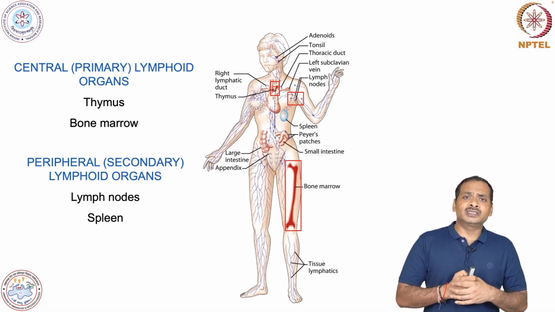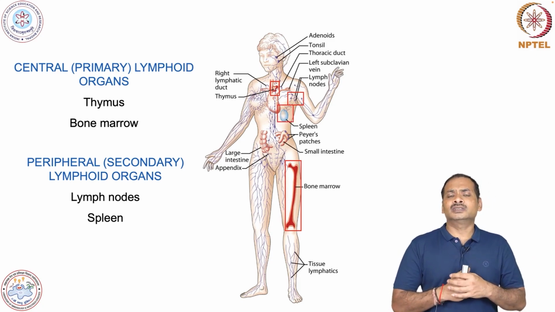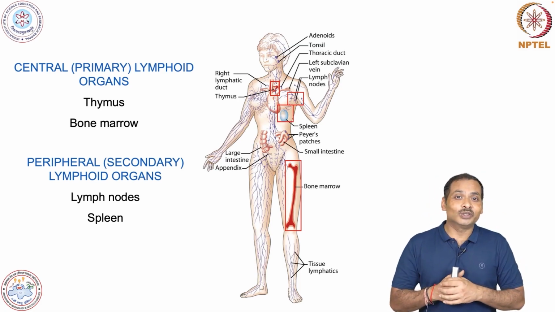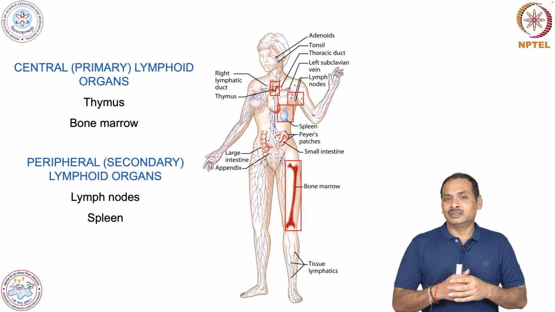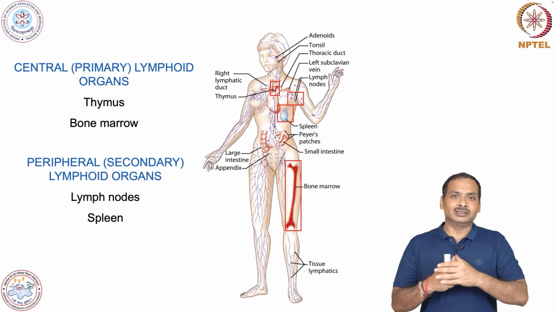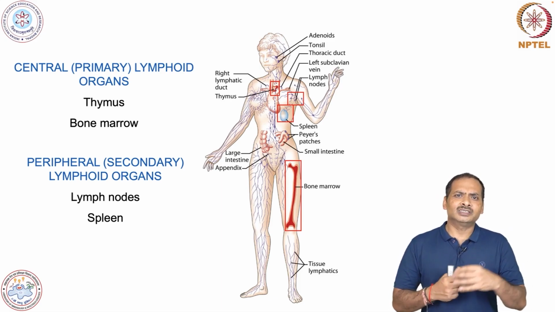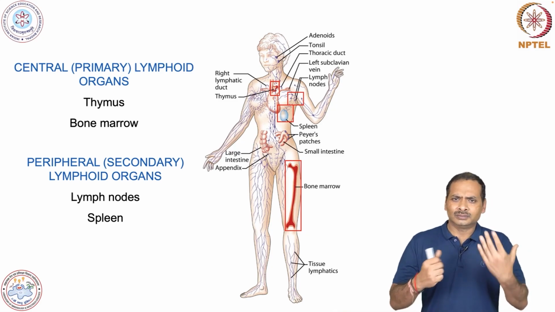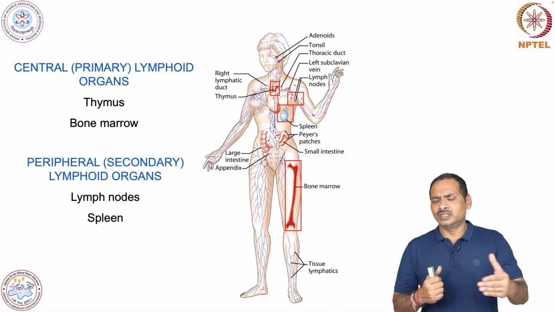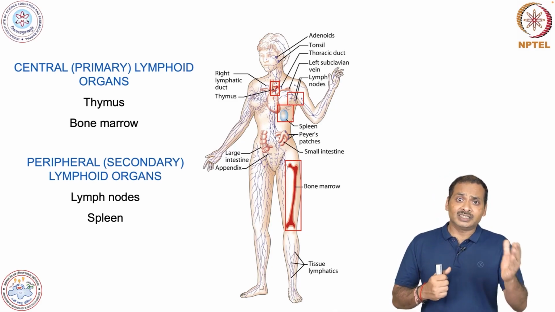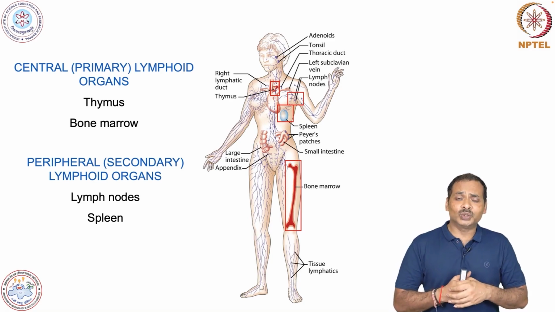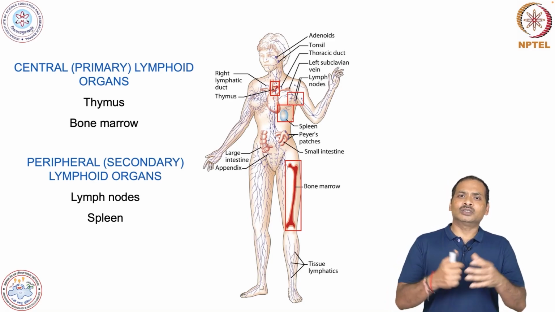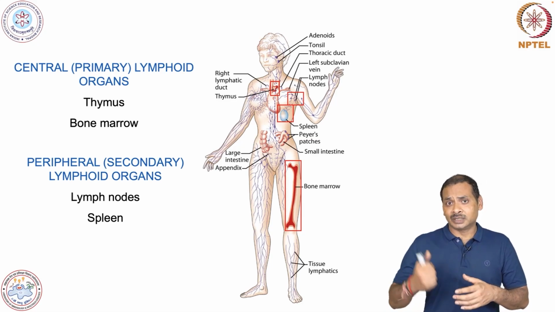The spleen is a very important immune organ. Besides, it plays a very important role in RBC maintenance, because old or defective RBCs are destroyed in the spleen. Besides this, it plays a very important role in the development of immunity. We will discuss all this in great detail in subsequent sessions.